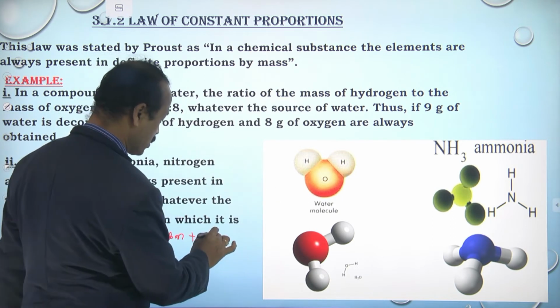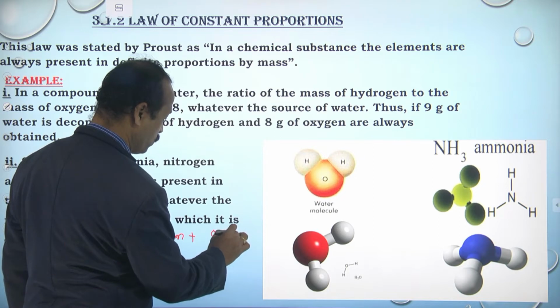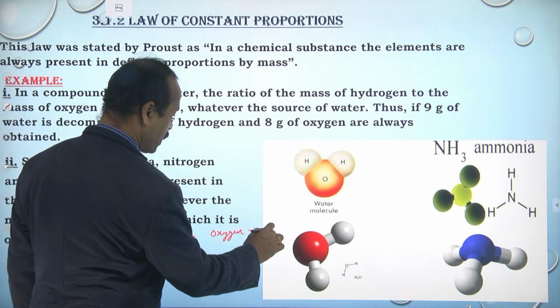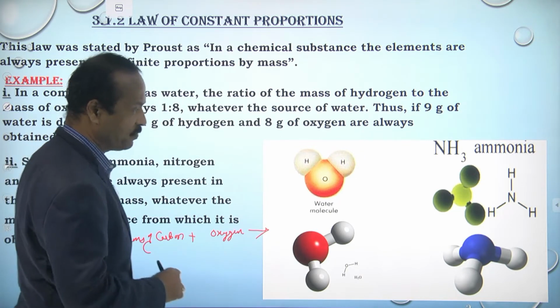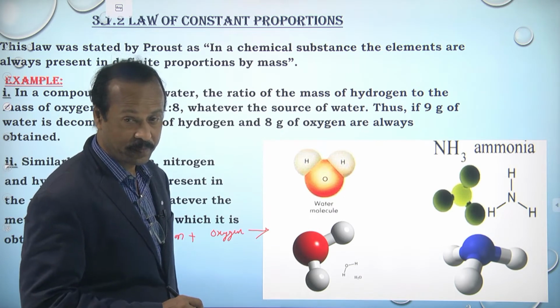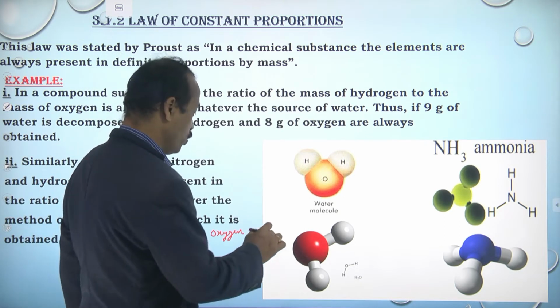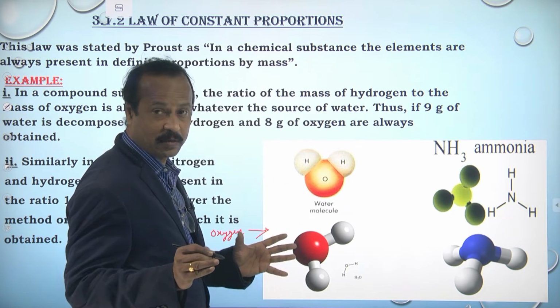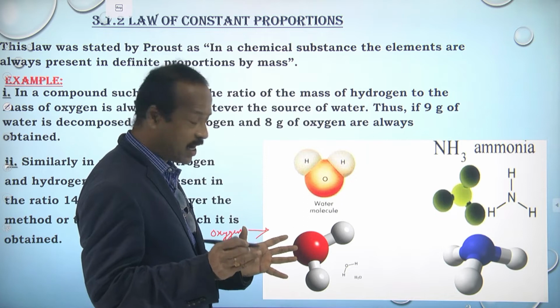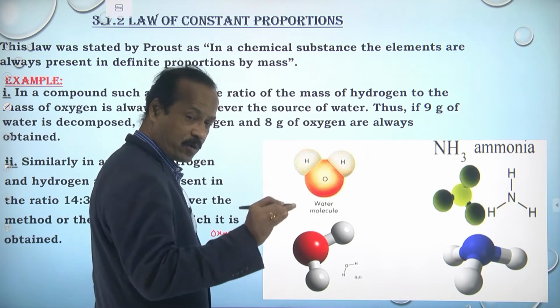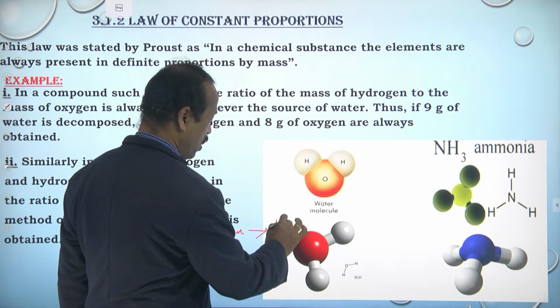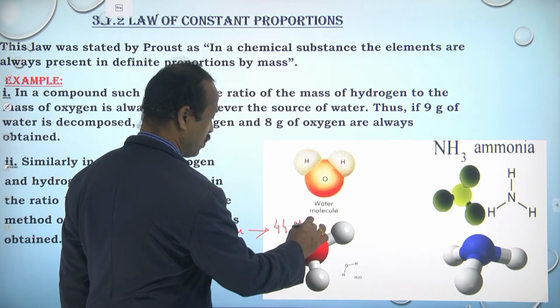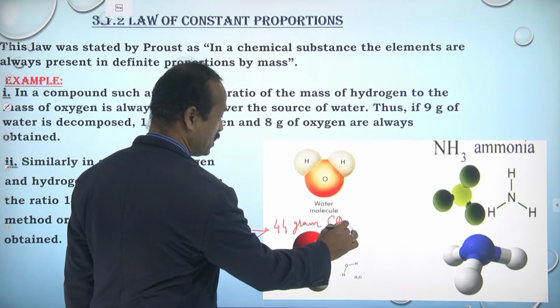Okay, with oxygen. How many grams? I don't know. Okay, but you know that when carbon burns in oxygen, it forms carbon dioxide. Do you know this one? So for example, you think I got the carbon dioxide. Whatever the carbon dioxide I am getting, I am collecting in one jar, and if I measure the amount of carbon dioxide, I got 44 grams of carbon dioxide.